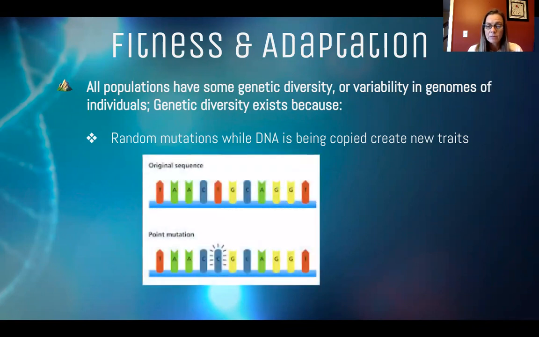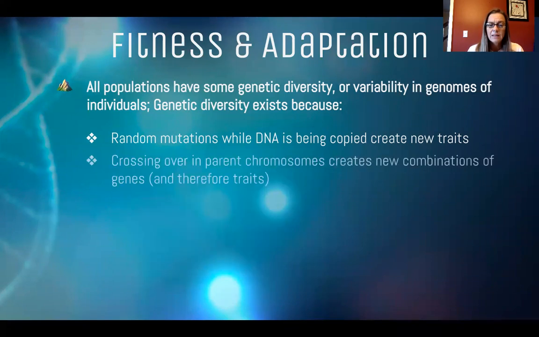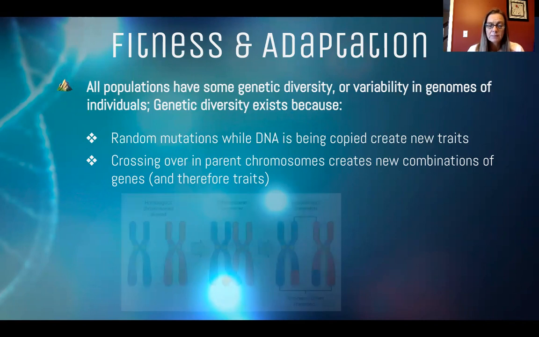So we have our original sequence of DNA, and for whatever reason, there is a point mutation, and that's going to change the genetic sequence. Another potential reason is when you have crossing over in parent chromosomes, and that's going to create new combinations of genes and therefore traits.